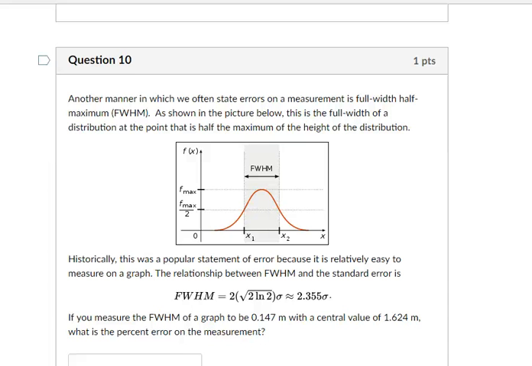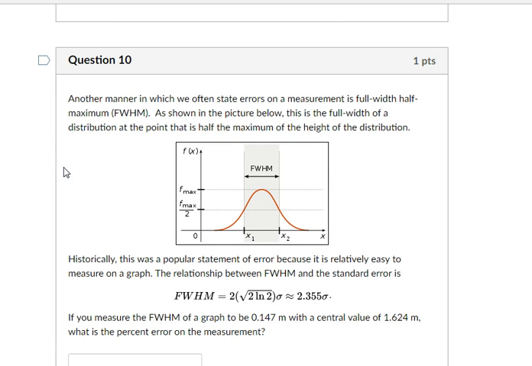In number 10, we often talk about errors as full width at half maximum, and if you have Dr. Smithhart for a class, you'll probably run into this in one of his analytics or quant classes. The reason is that this is much easier to measure on a piece of graph paper.